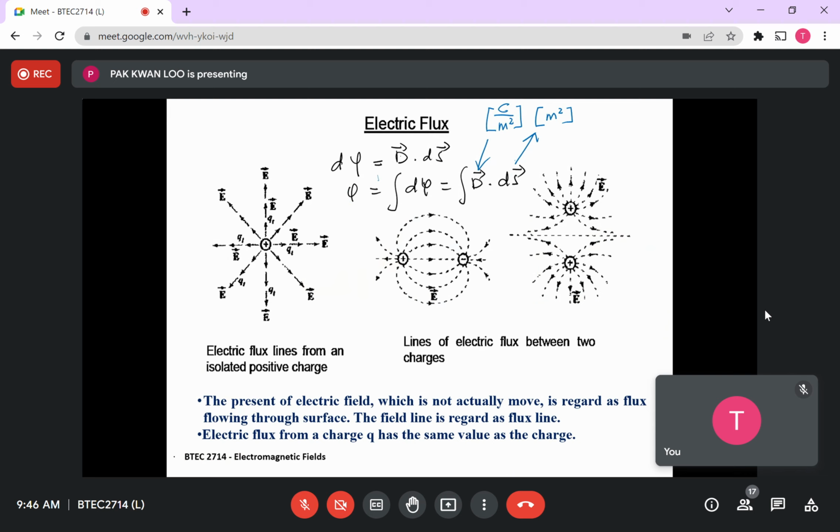Later on, you see that in Coulomb's law, we will use this term again, which is based on electric flux density, and therefore flux actually represents the charge. So electric flux from a charge Q has the same value as the charge. So this is what it means.